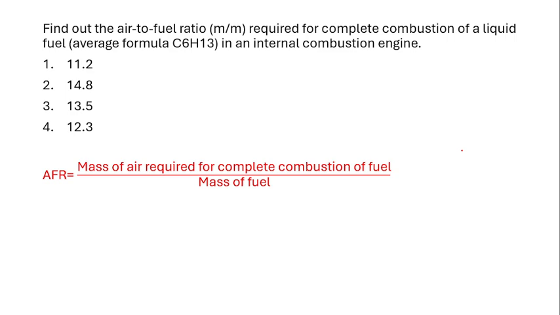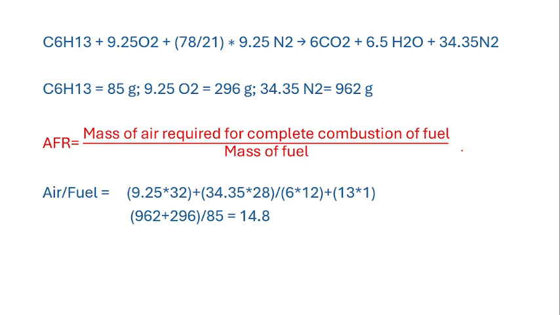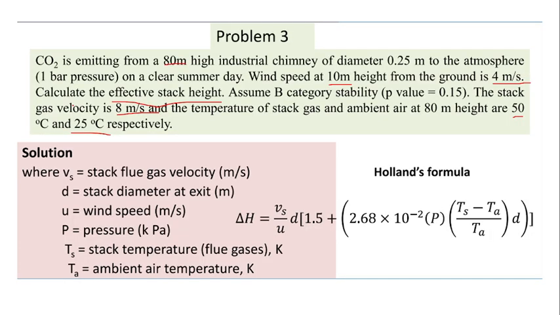Air to fuel ratio can be calculated using the formula mass of air divided by mass of fuel. To obtain this, first you need to calculate the stoichiometric equation of the particular fuel, and then you will calculate the mass of the O2 and N2 and the fuel to calculate the AFR. Next we are calculating the effective stack height. These are all the problems related to air pollution.